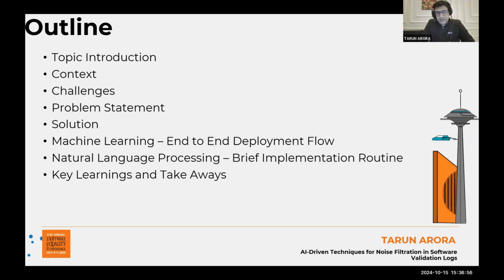But the reverse is also true, which means that there is a huge opportunity to apply AI and ML in the software and the hardware operations. And this is what this complete presentation is all about.